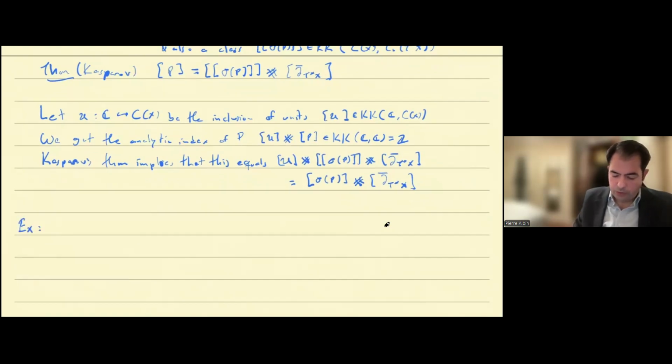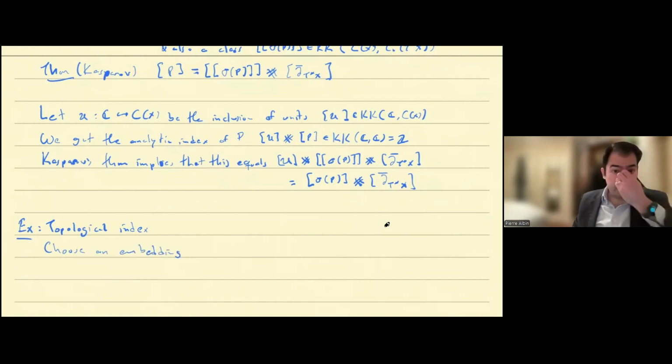Okay, and so to see how this generalizes the Atiyah-Singer index theorem, let's discuss the topological index. So we get the topological index by trivializing the class of symbol of a pseudo-differential operator using an embedding. So we embed X into Rn.